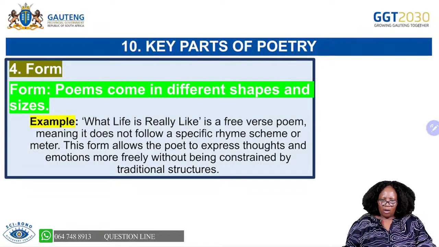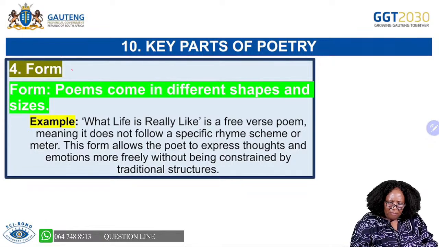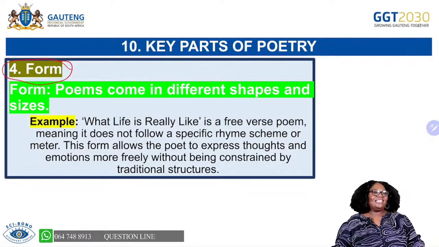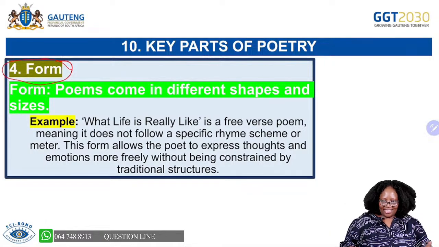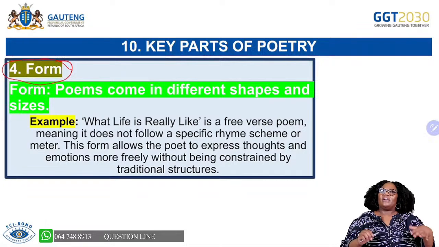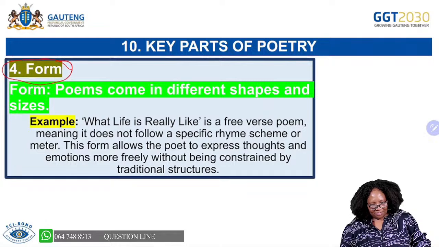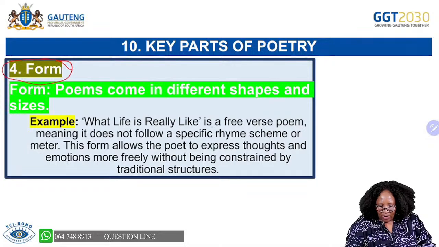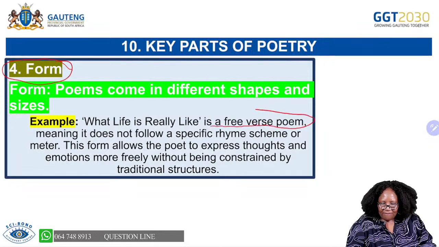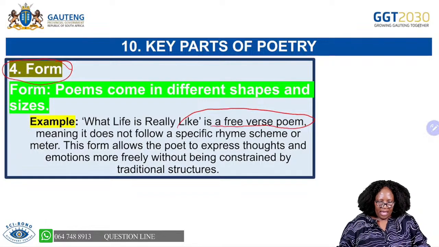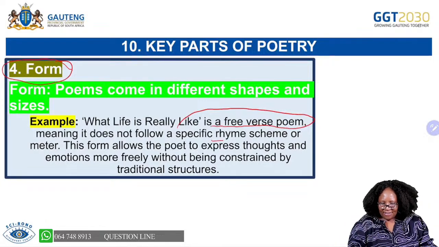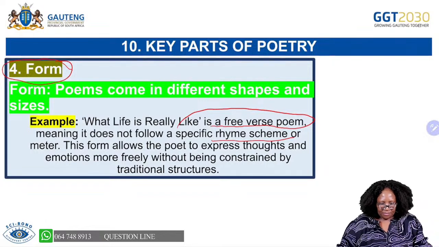Another key part of poetry would be form. Poems come in different shapes and sizes. We have sonnets. But this one, as we already explained, is a free verse poem, meaning it doesn't follow a specific rhyme scheme or meter.